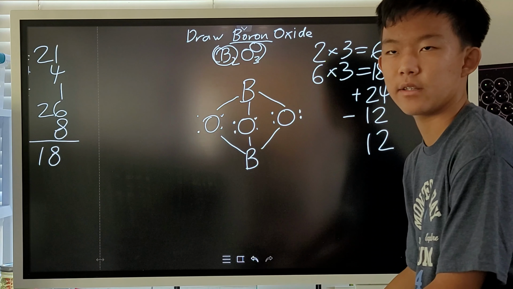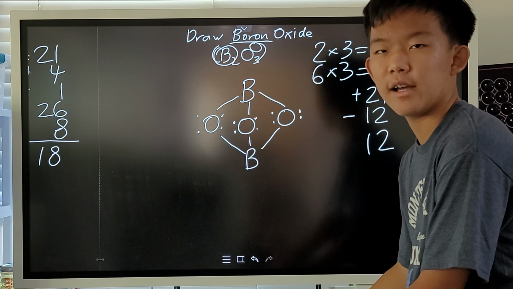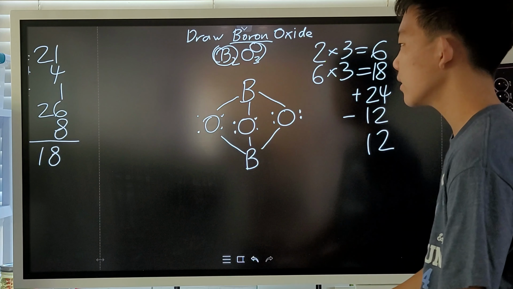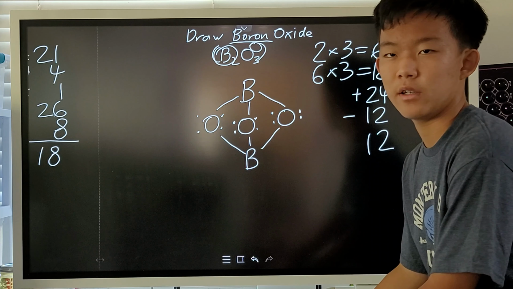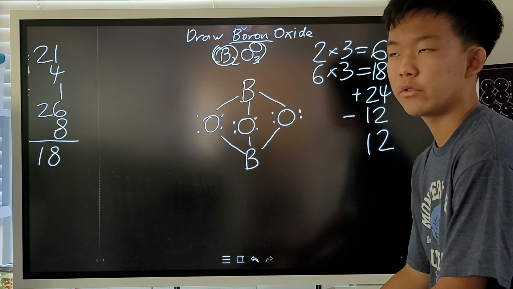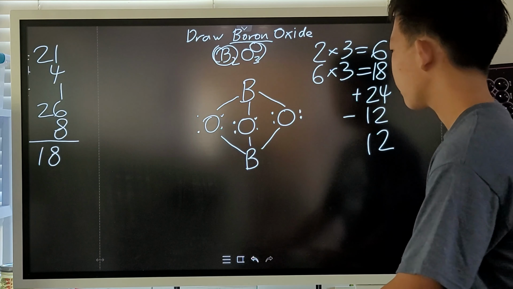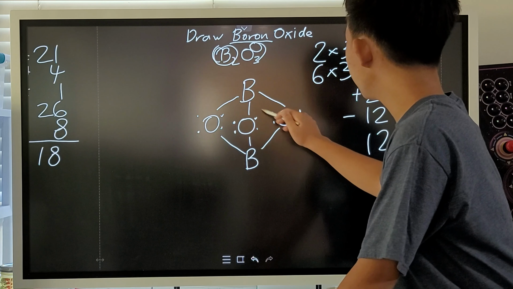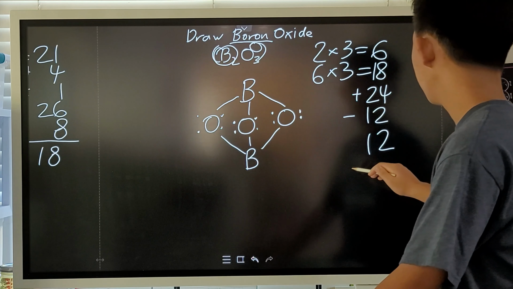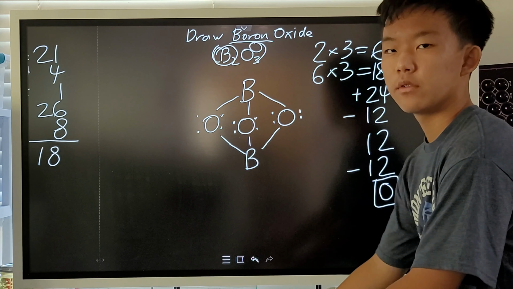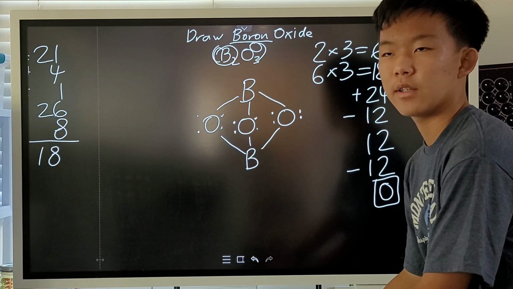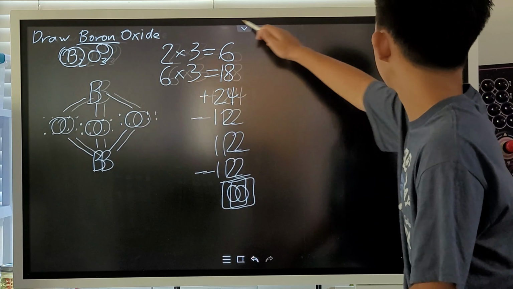It only has 6 electrons when it's supposed to have 8. So this is the reason why boron gets to ignore the octet rule. The other elements have to follow the octet, so boron has no choice but to ignore it. Since we already used the 12 for lone pairs of oxygen, we have 0 leftover electrons, as you can see here. So this is some proof that boron has permission to ignore our octet rule.